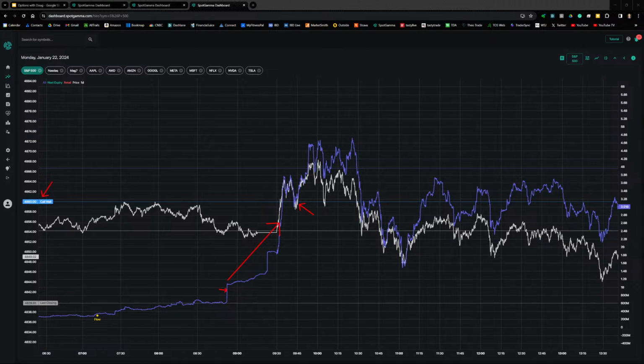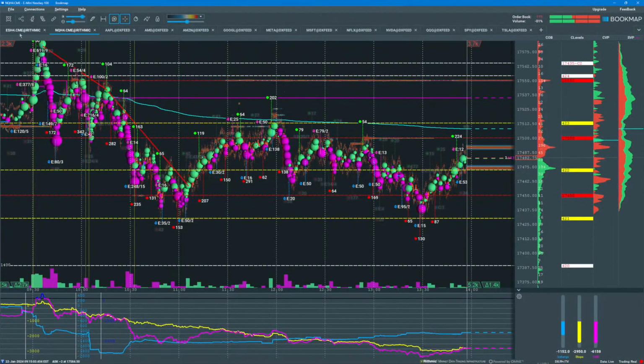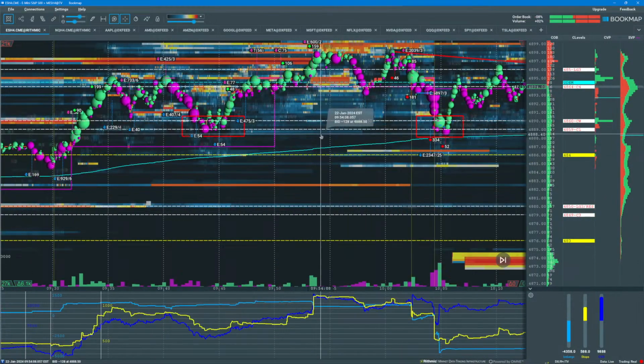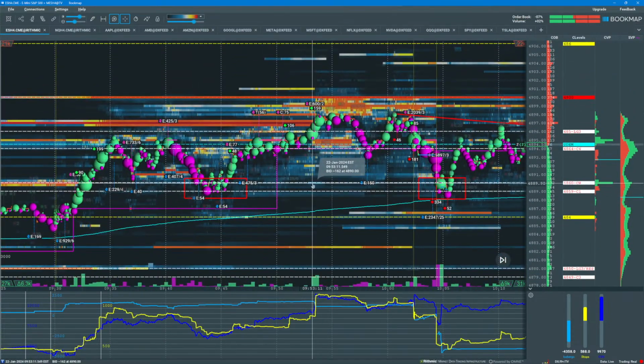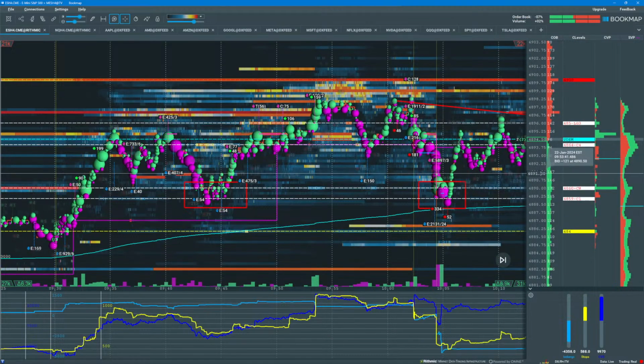All right, so let's go take a look at Bookmap, and we'll focus first of all on the long setup. Go back to Bookmap, go to ES. Going to zoom in, and give me just a moment to adjust this chart. So remember, traders were taking positive delta positions.